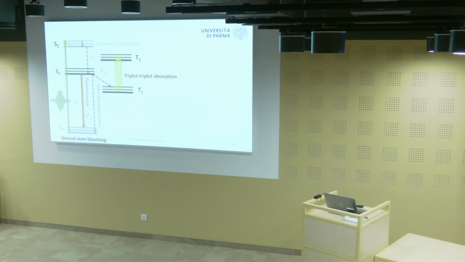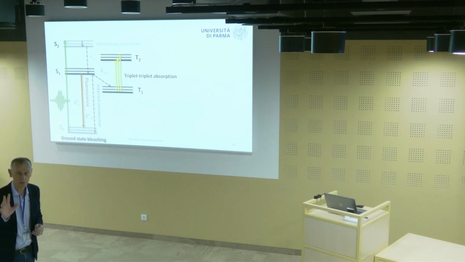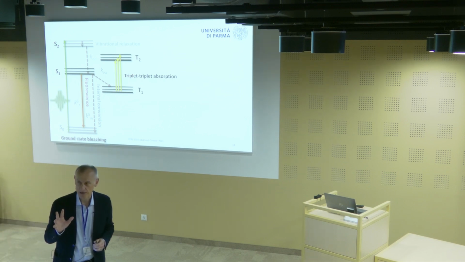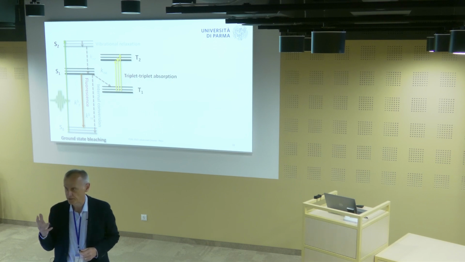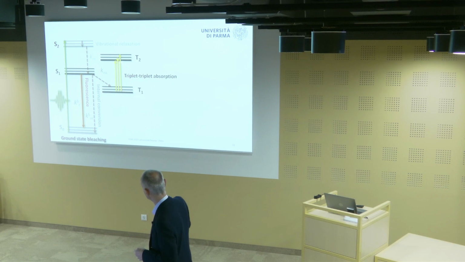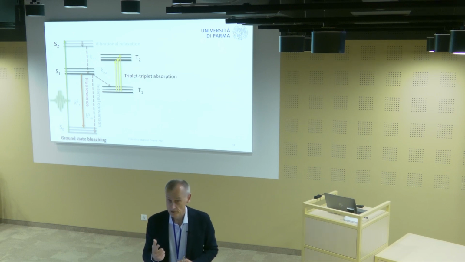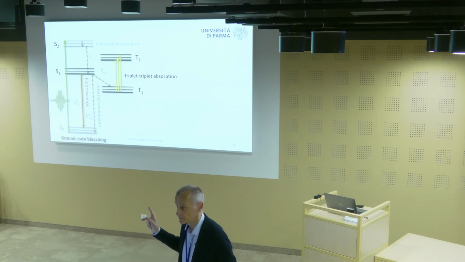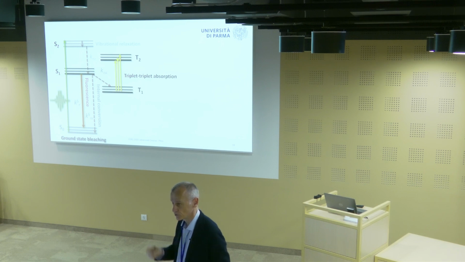But in these molecules, we end up generating the triplet state after passing through the singlet S1. And when you are in the T state, now a number of transitions become available. You would not be able to go from S0 to T1 or from S0 to T2, because that would violate the spin selection rule. But from T1, you can go to T2 or T3.